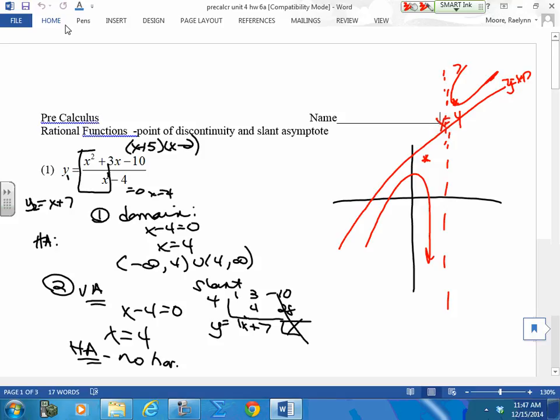So we got this part, and we know there's another part up there. This guy over here is going to give you what? A max or min? A relative max. This guy over here is going to give you a relative min. Okay? And this is your concavity here, concavity here.